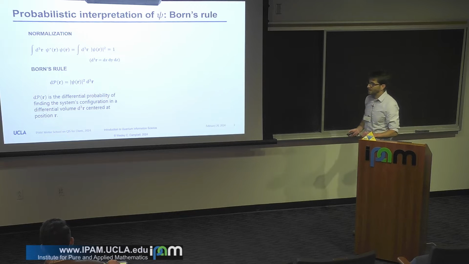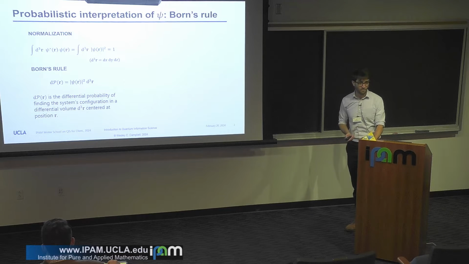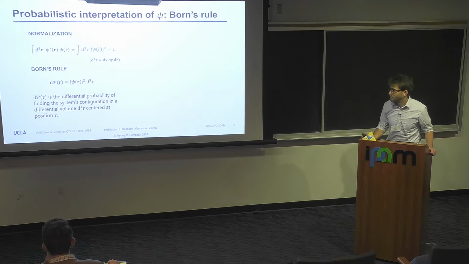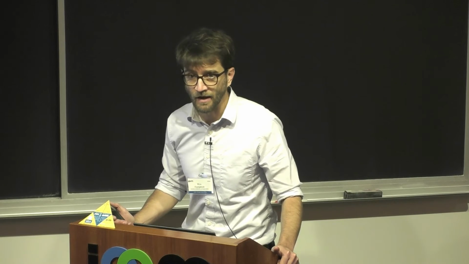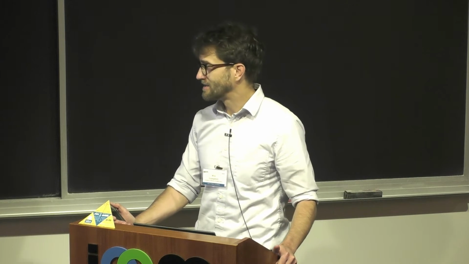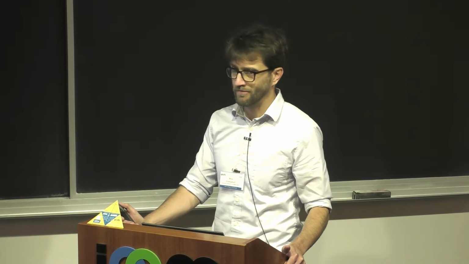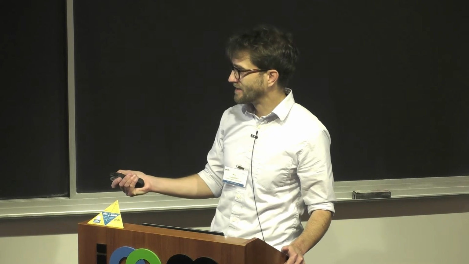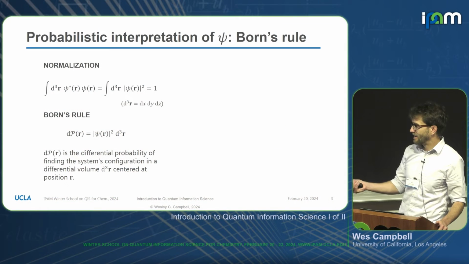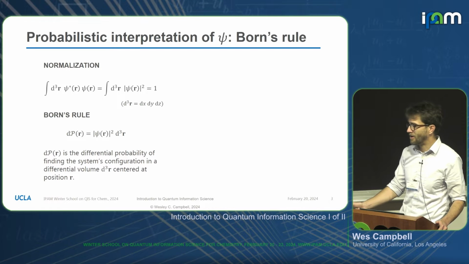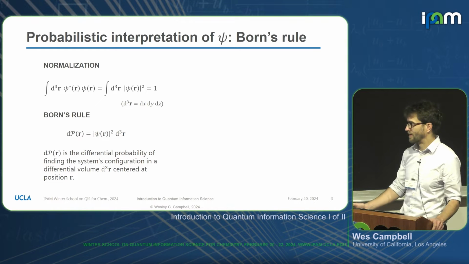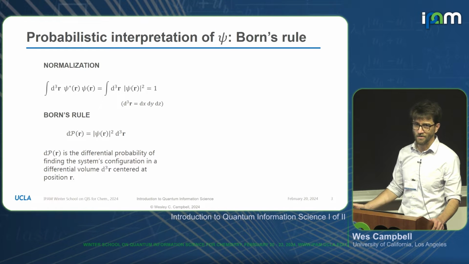The interpretation we give to the wave function is called Born's rule, even though Max Born actually got it wrong the first time he wrote it down. This is the probabilistic interpretation of the wave function. So what this says is that the differential probability of finding the system in a configuration that is contained in a volume element d cubed r, centered at position r, is the absolute value squared of the wave function times d cubed r.